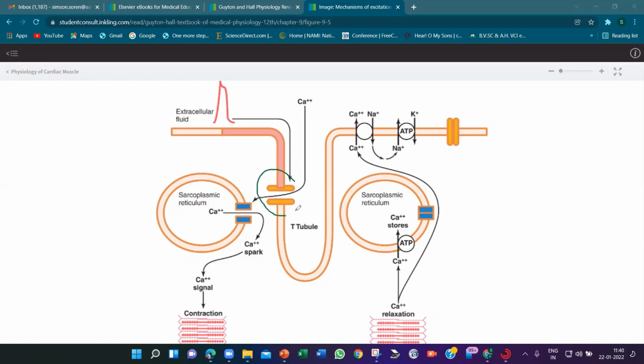As the action potential moves over the T-tubule, these voltage gated calcium channels open.